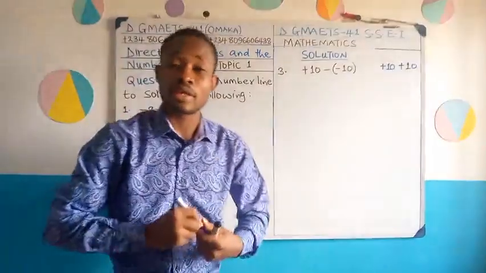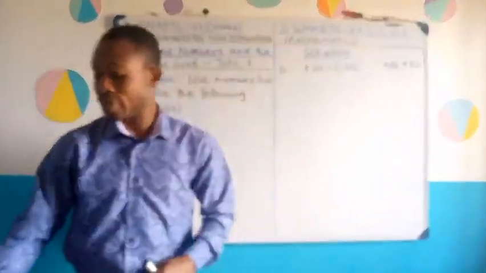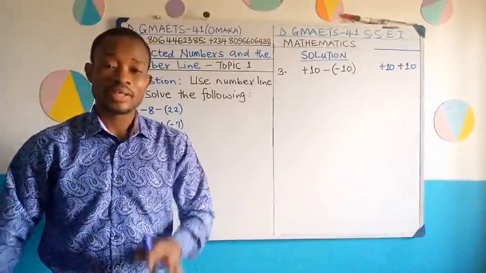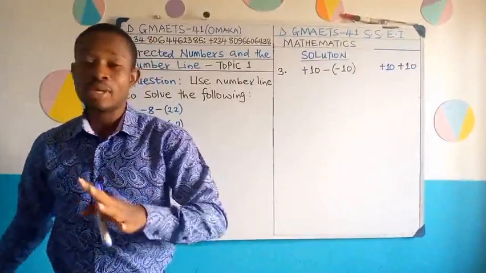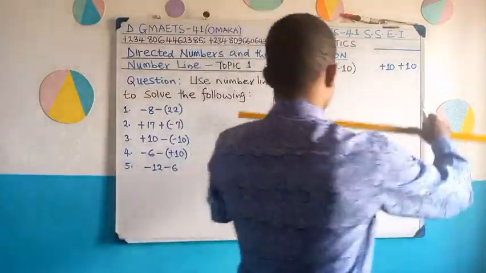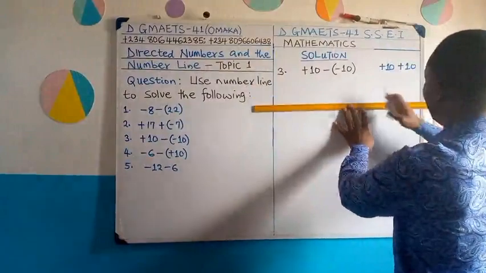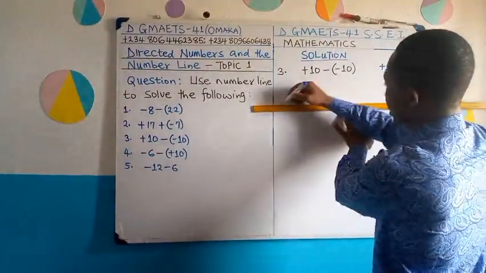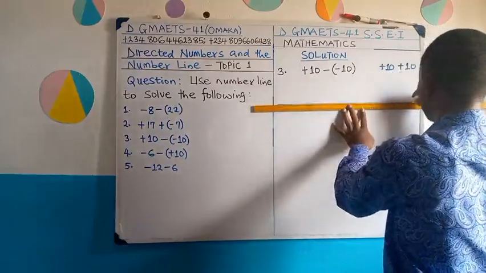Plus 10 plus 10. So what do I do? It's a simple thing. I have to draw my number line as usual. So let me draw the number line for you to see. I have my ruler here. So I put this and then draw my number line, a straight line like this.